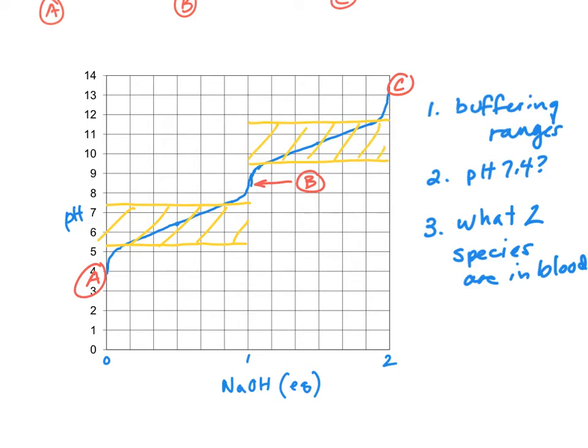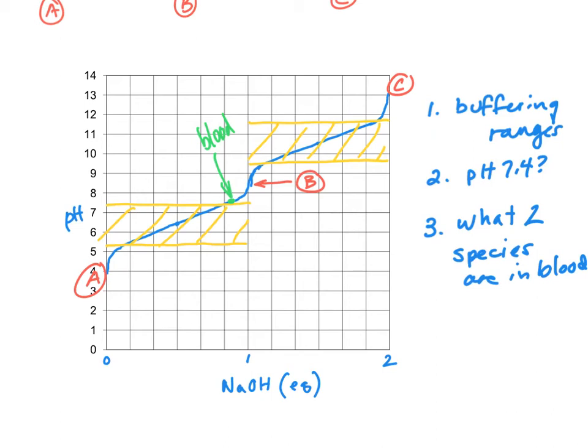Blood is at 7.4. Let's do it with green again so we can see. It's going to be right there. Well, that doesn't seem like it's formally within the buffering range. That's absolutely true. It's not quite within the buffering range, but we'll come back to that in a little bit.